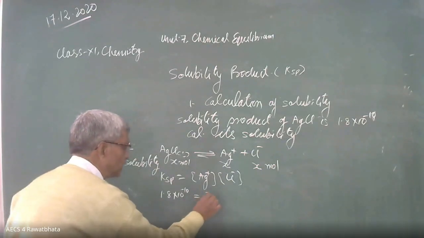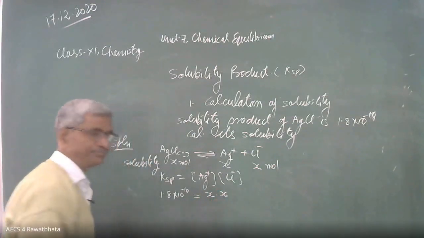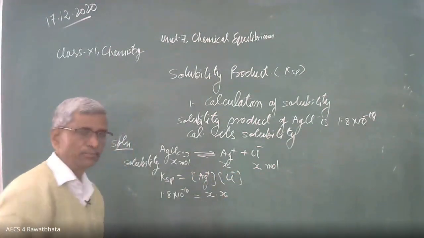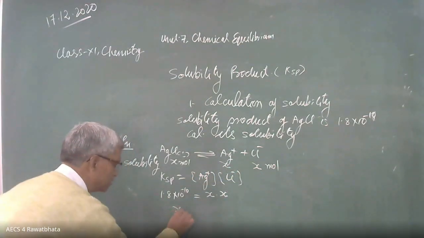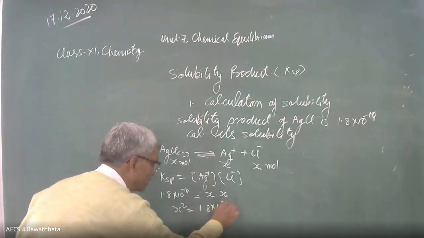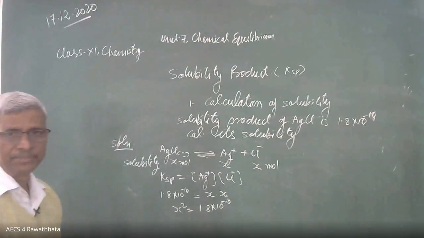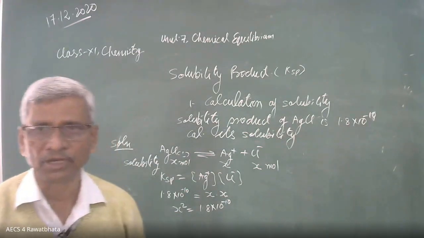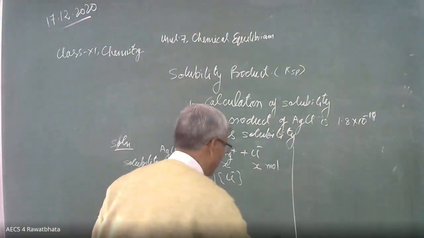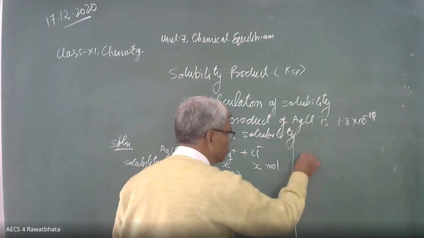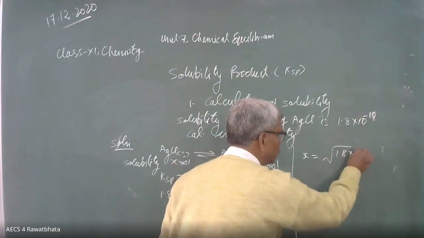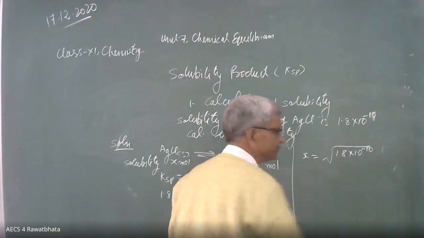This is equal to X into X, where X mole is in the solution. Then X square is equal to 1.8 into 10 raised to power minus 10. Please be ready with the log table. So X equals root over 1.8 into 10 raised to power minus 10. Okay?